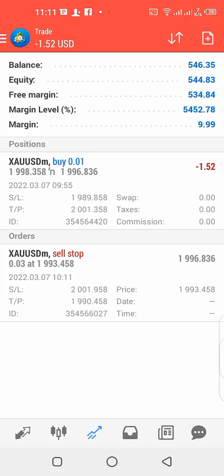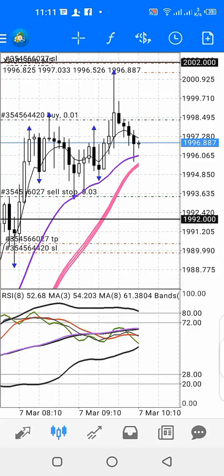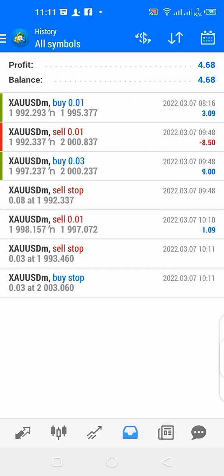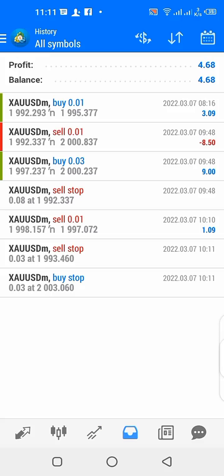What I just did now is to initiate a robot, an expert advisor, to manage that trade. So the 1.09 profit is my most recent closed trade. The profit has increased for the day by 1.09.